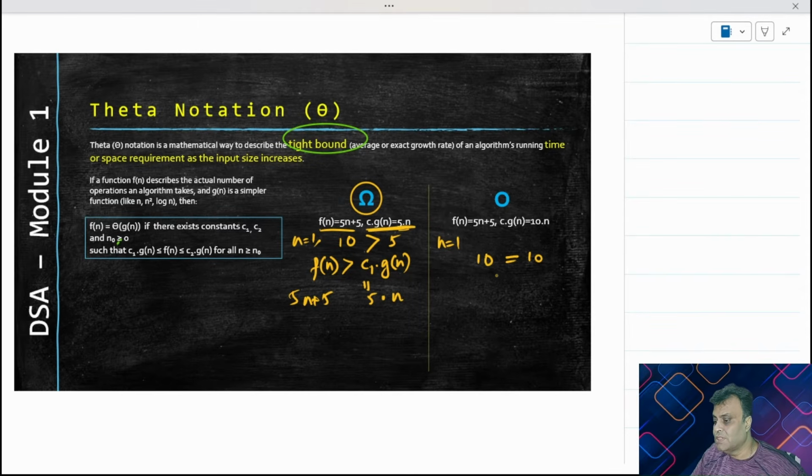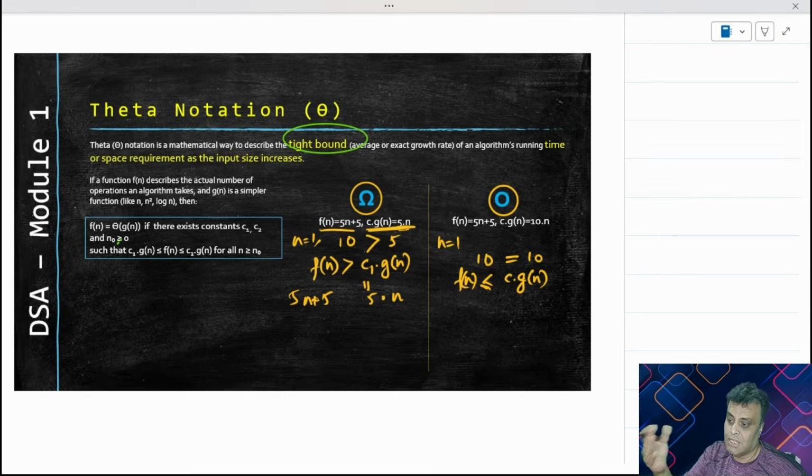So if we have this as equal, can I say that we have an upper bound? Because we can now say that Fn is less than or equal to, because it is equal to, C Gn, right? So we are trying to prove big O. Big O means the upper bound. Upper bound means C Gn should be above Fn, or C Gn could be equal to Fn also.